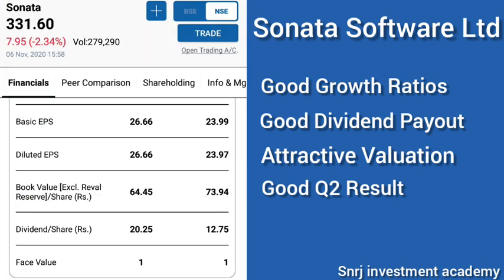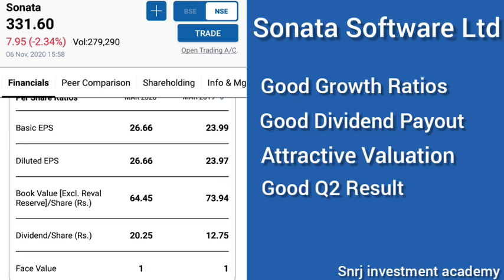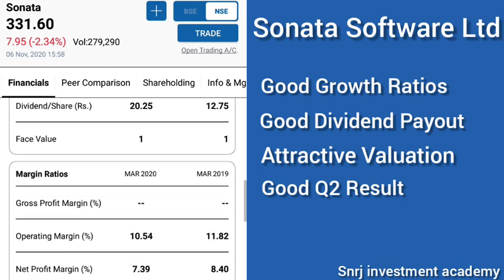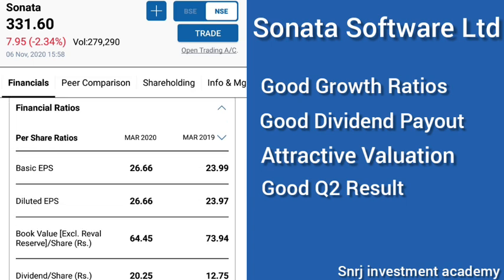If we go through the financials of this company, the basic earning per share is 26.66 on March 2020, and compared to March 2019, there is good growth in earning per share. The dividend per share also increased: in March 2019 they gave a dividend of 12.75, and in March 2020 they have given 20.25 dividend per share, while earning per share was 26.66.